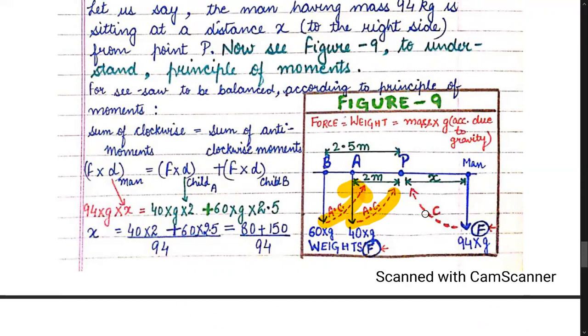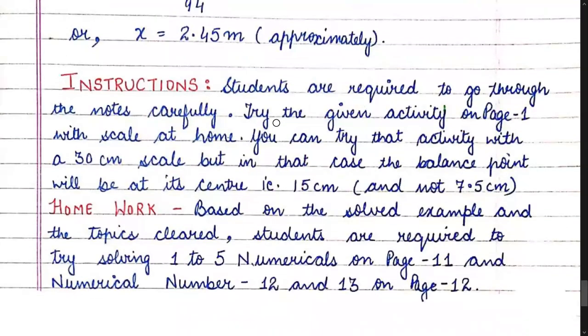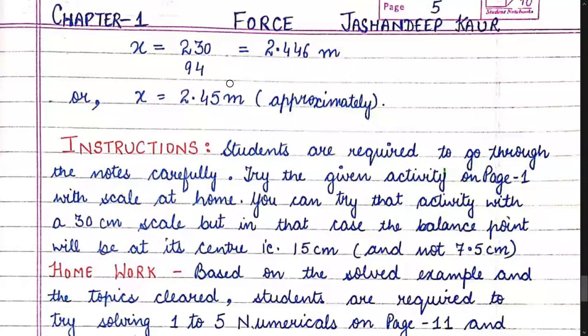Understand which one is clockwise and which one is anti-clockwise, and then using the principle of moments, for the object to be balanced, your clockwise moment should be equal to the sum of anti-clockwise moments. So here your answer will come approximately as 2.45 meter.